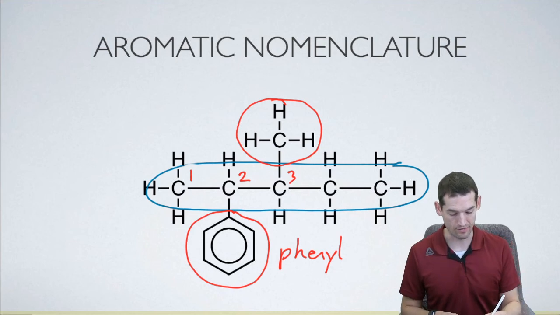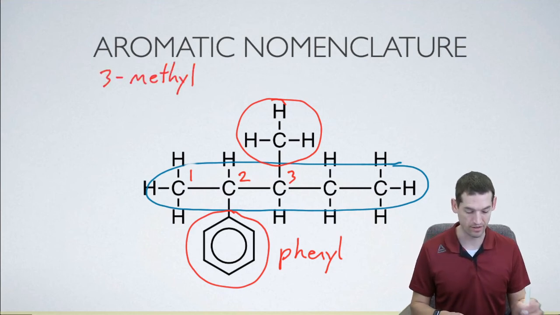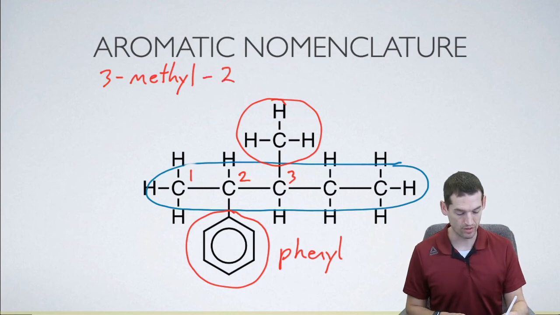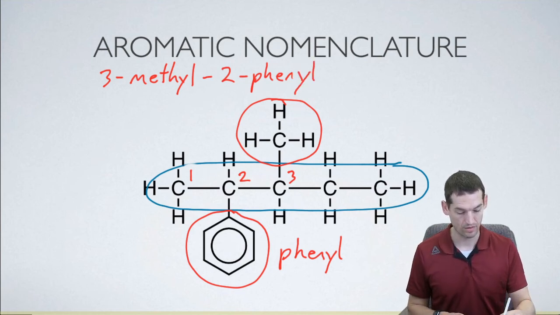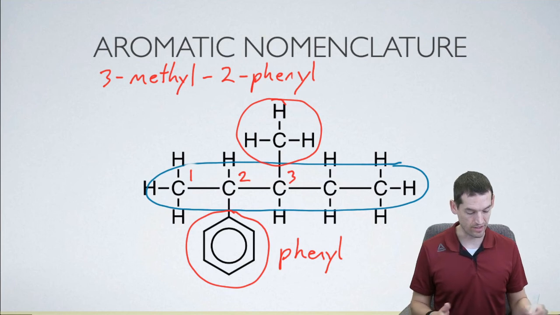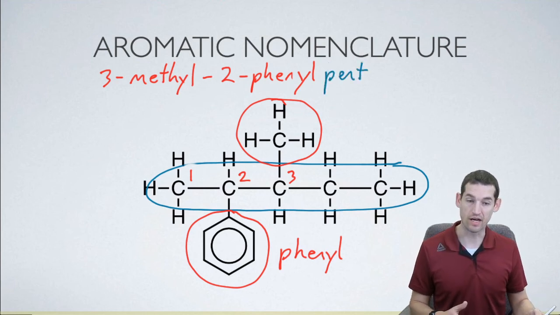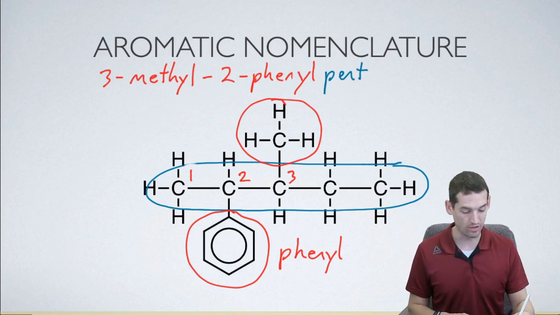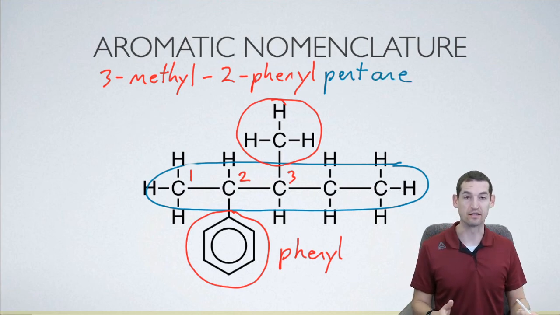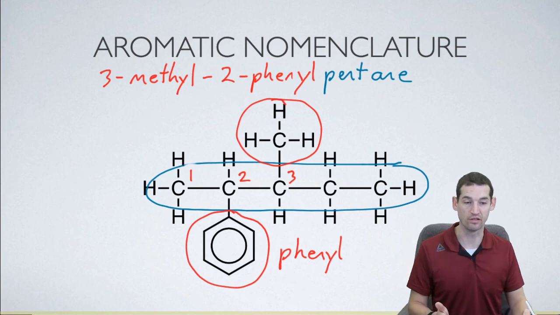So I'm going to have a 3-methyl because it becomes first alphabetically, 2-phenyl, oops, and then my parent is a 5-carbon, so this is, whoops, not hex, pent. Pent for 5, and it's all carbon-carbon single bonds, so this is pentane. So a 3-methyl, 2-phenyl, pentane.